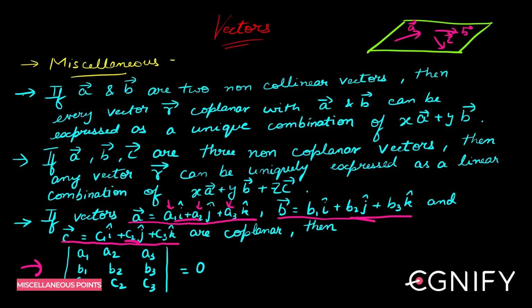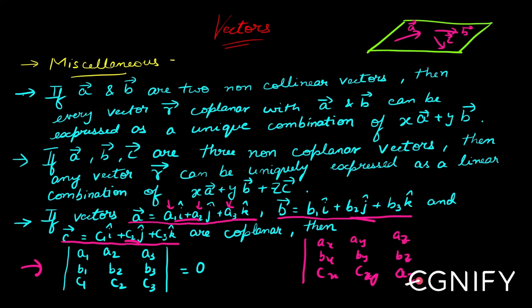What is this? You take the X components of all three, you take the Y components of all three, and you take the Z components of all three. You take the determinant of this matrix, and this determinant has to be equal to 0.